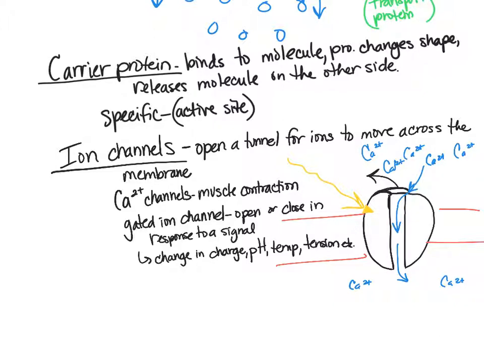And again, it wants it to be equal, so it's going to continue flowing across that channel until it gets to equal. In this case, when we're talking about muscle contraction, then at some point we stop sending that message here, and then this gate is going to close again. And then when the gate closes, we're not using that muscle for contraction at the moment, and then we're going to stop those calcium ions from moving across the plasma membrane.